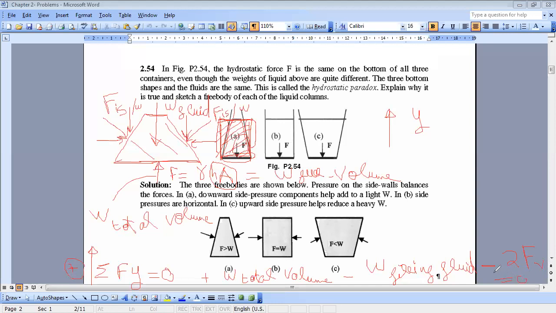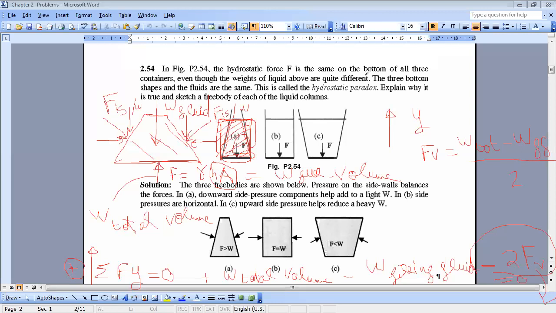You can deduce, if I take this term to the other side, that F vertical on each part is equal to W total minus W filling fluid over 2. Let us do some analysis of this term.